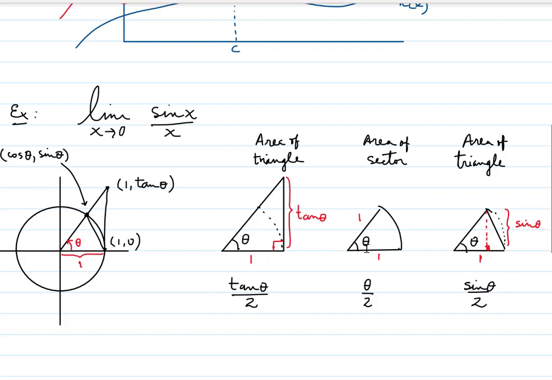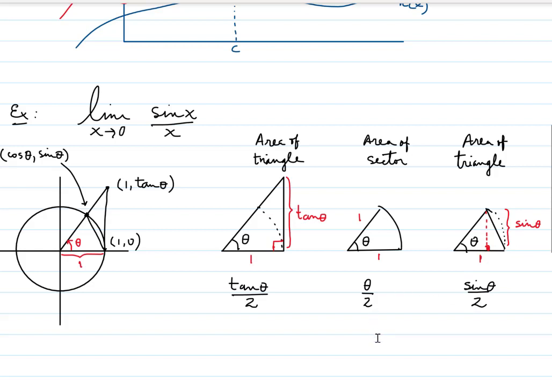This side is the same side as that, the same side as that. But now the height of this triangle is sine of theta, as you saw from the coordinate ordered pair here. That y right there is sine theta. So just like we did on the first triangle, base 1 times height sine theta over 2 gives you sine theta over 2.